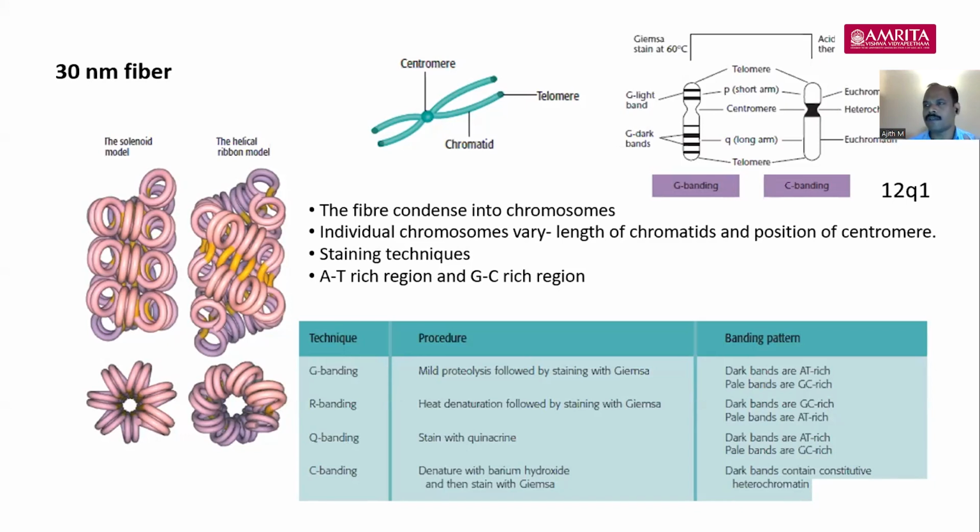In fact, the heterochromatin and euchromatin of a particular chromosome is also a constant feature. It is one among the features that helps to stain the chromosome differently. There are different ways of staining a chromosome because the staining gives you an understanding about the composition of the chromosome at the chromosome level. The fine structure of the chromosome can be understood.